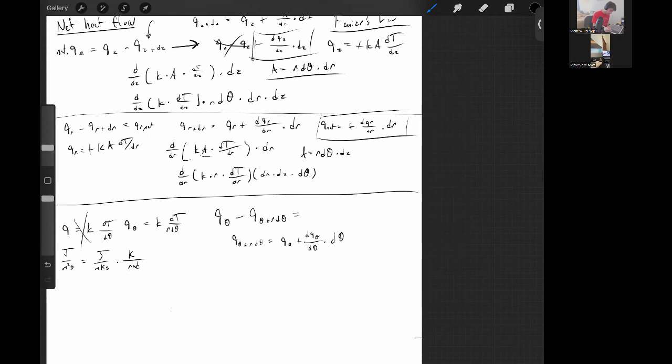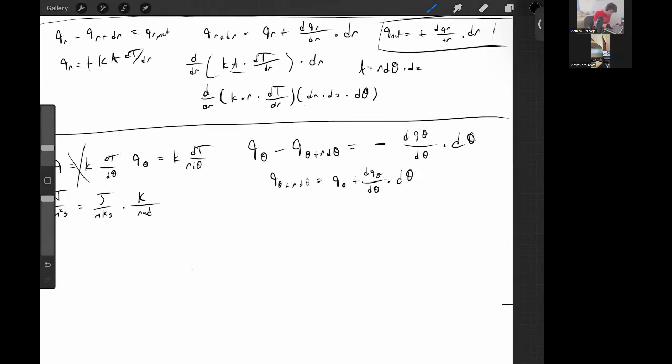So let's proceed with this equation, which then of course leaves us with negative sensitivity, dq theta over d theta multiplied by d theta. And we're going to sub this equation in. So we have change of theta multiplied by our new Fourier's law, which is k times dT over r d theta.